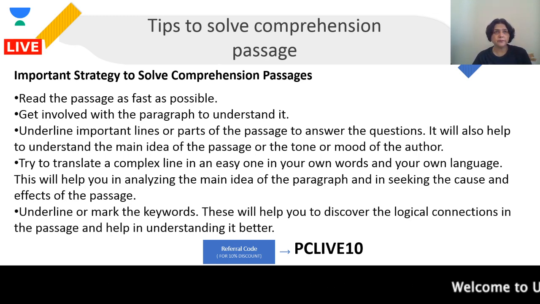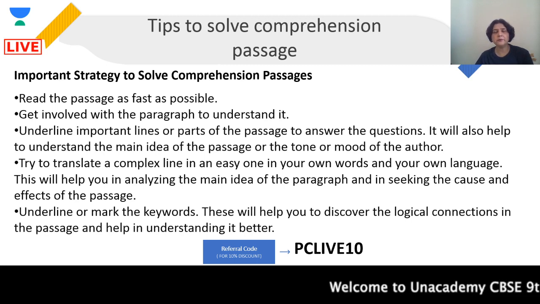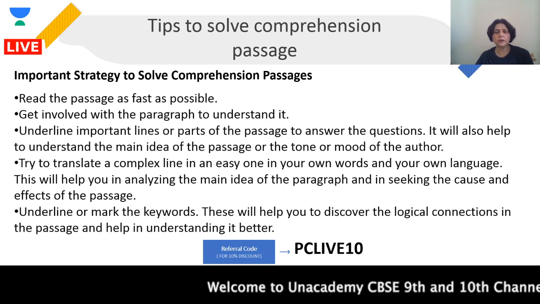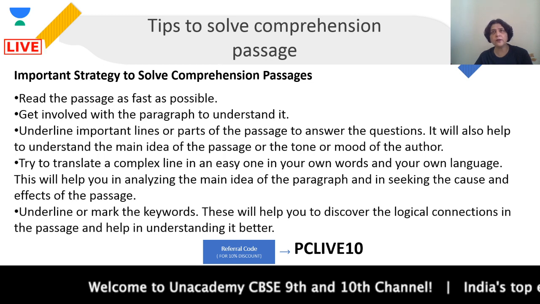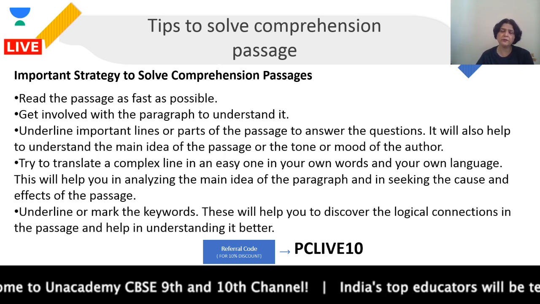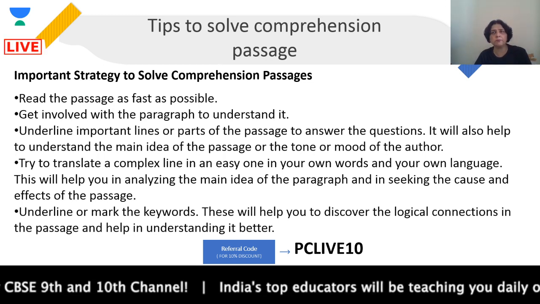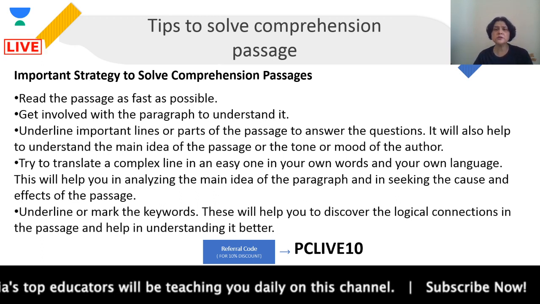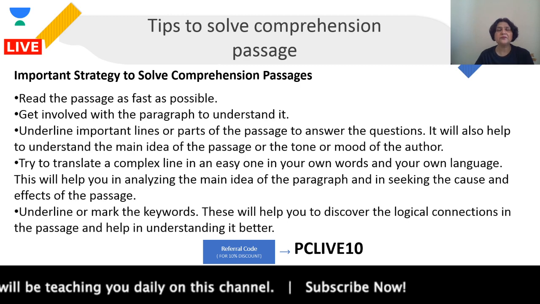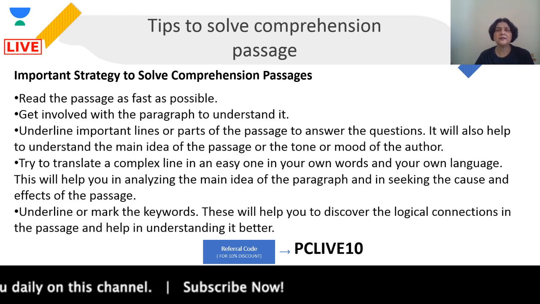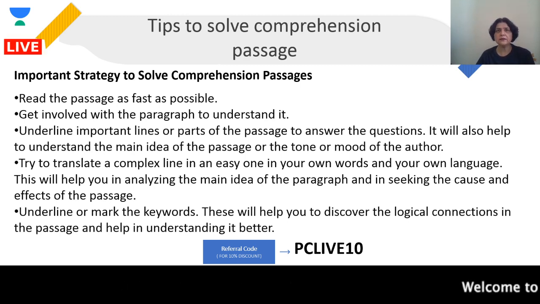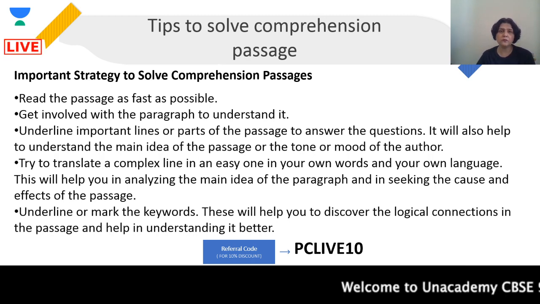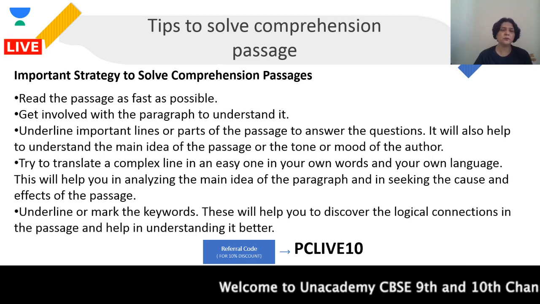So, the main strategy which I wanted you all to understand is that if you have gone through the passage and understood the key idea, and there is complex content given in the paragraph, simplify it, analyze it, and then see whether you can write it in your own words. I think that is going to help you a lot.